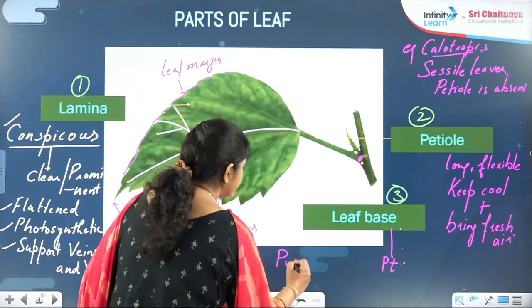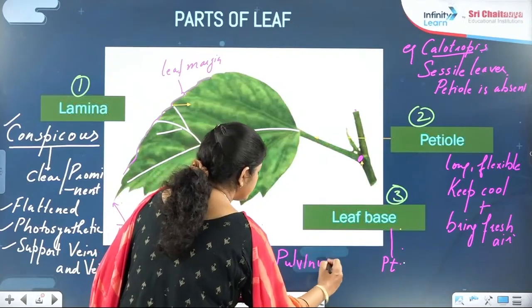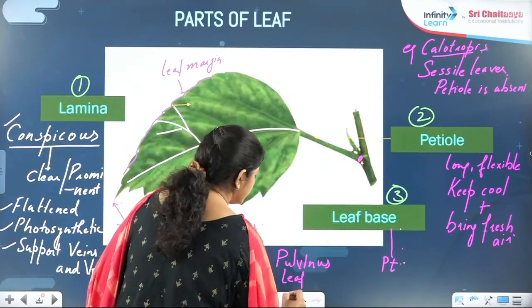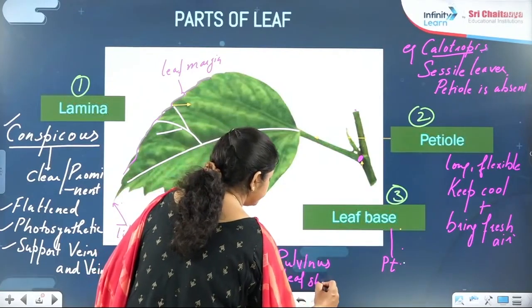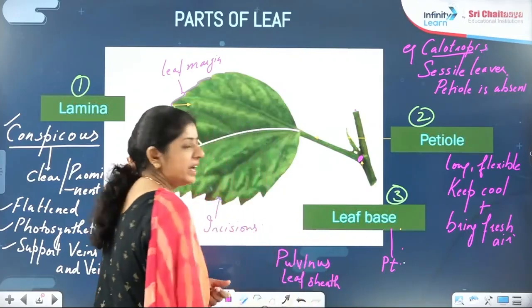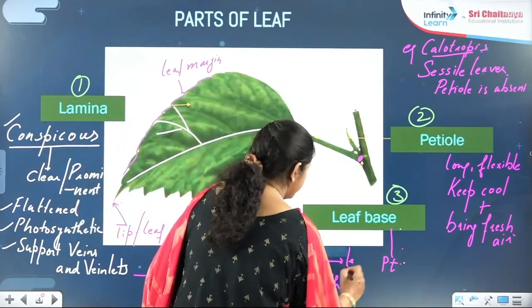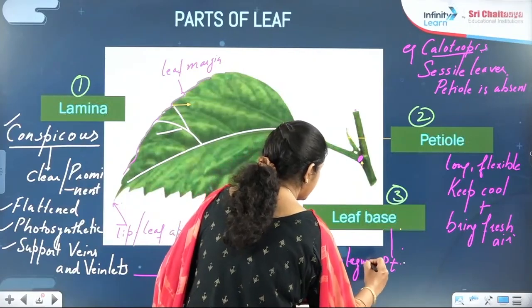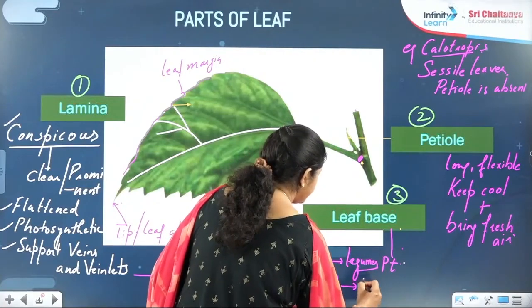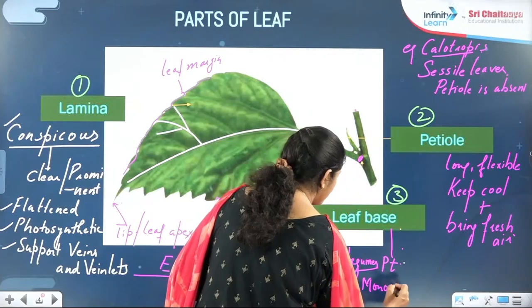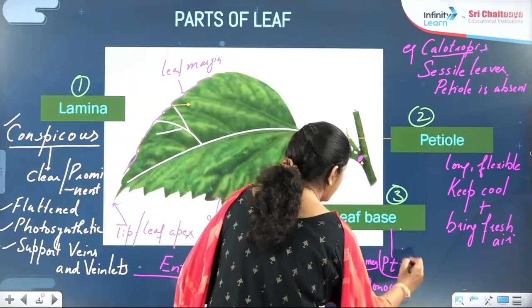You call them pulvinus and leaf sheath. Pulvinus is found in legumes, whereas leaf sheath is found in monocots, right?